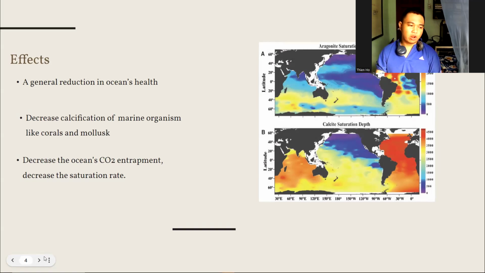So when the CO2 level increases, the pH decreases. Calcification, which is a chemical process, is very hard to explain. It gets harder because calcification gets easier when the pH is high, and it gets harder when the pH is low.